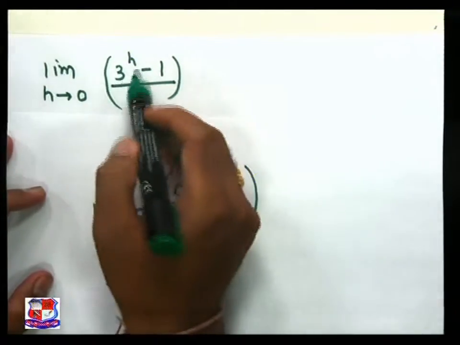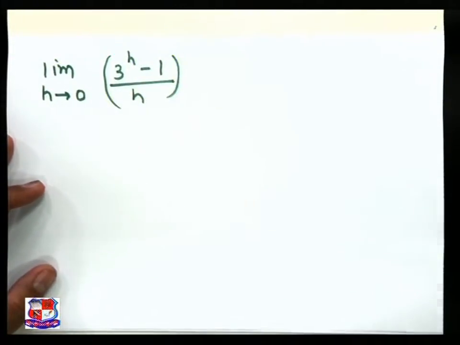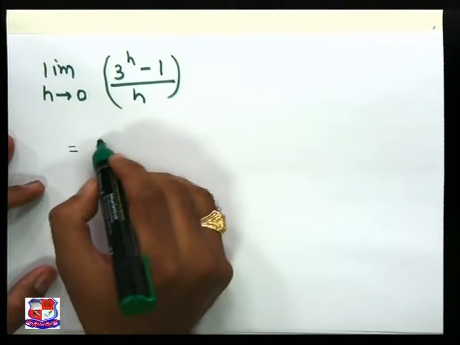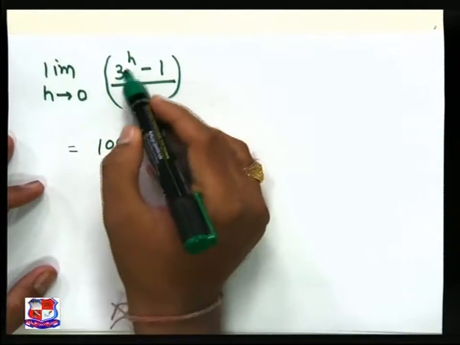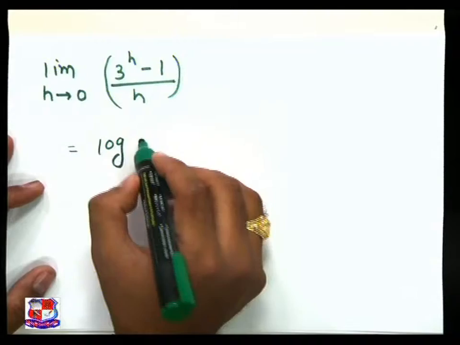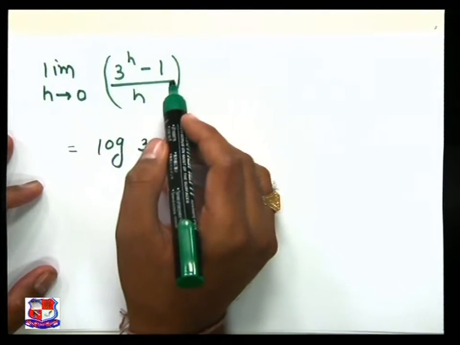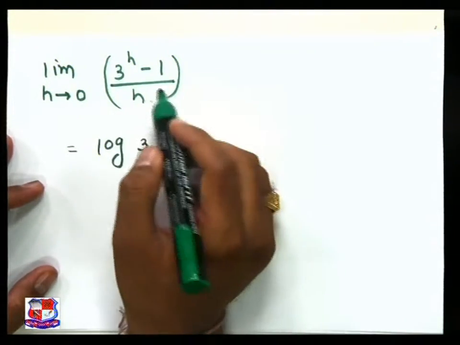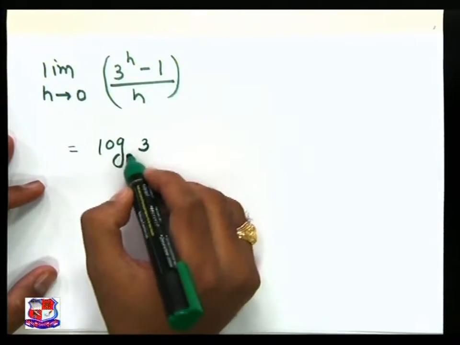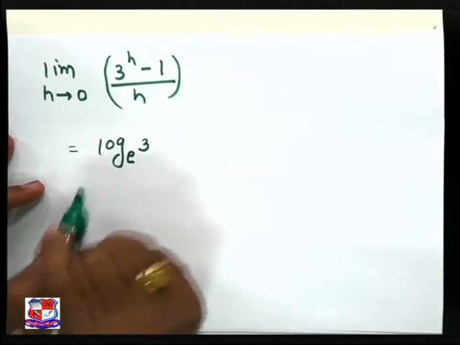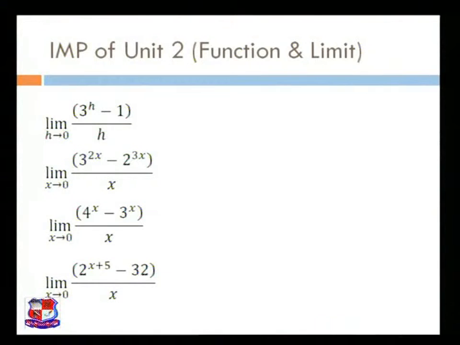Here a is nothing but 3, so our answer is log of 3. No conversion and no extra step is required to solve this type of problem, with base e. Now we move to our next question.